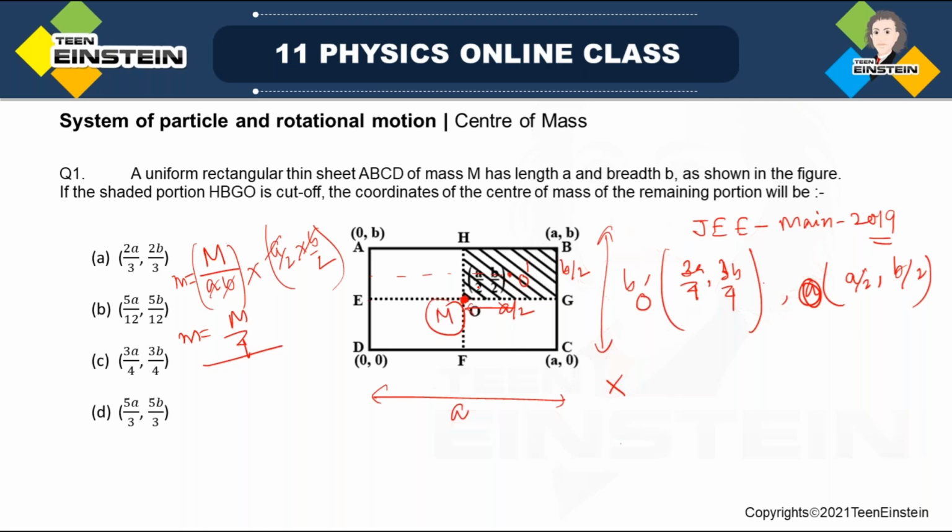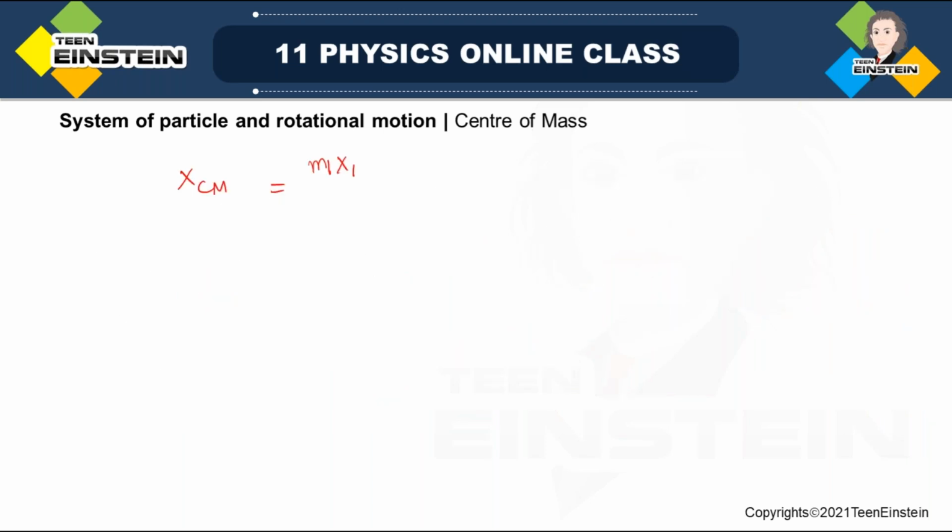We have to now write down the coordinates of the center of mass: M1 x1 minus M2 x2 divided by M1 minus M2.